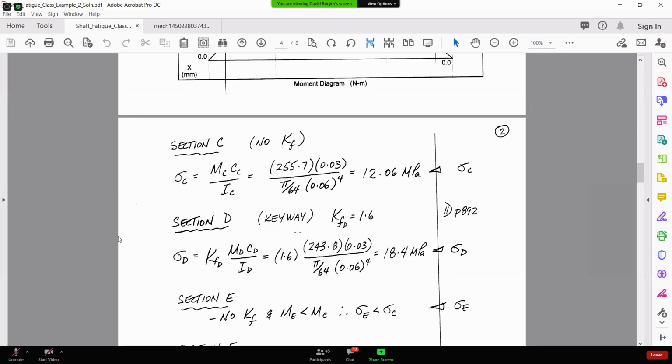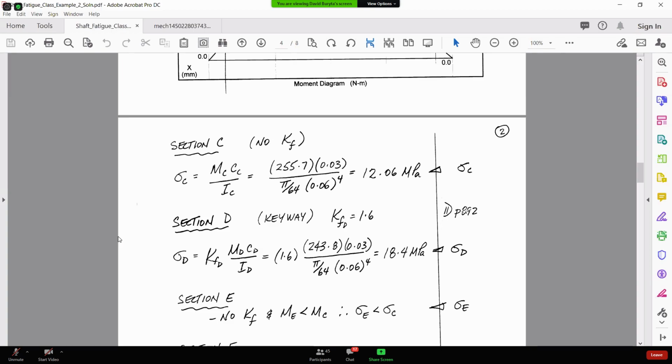Now, at section D, we have a keyway. Because we don't know the radius on the keyway, and we'll learn a more detailed analysis of keyways next semester, I used this value here from another reference.